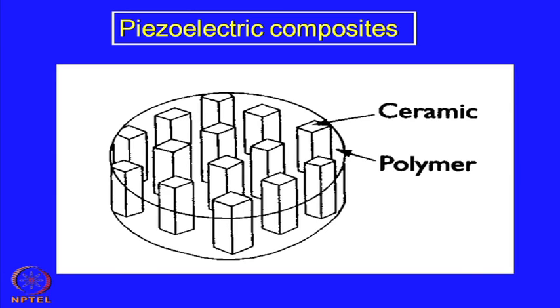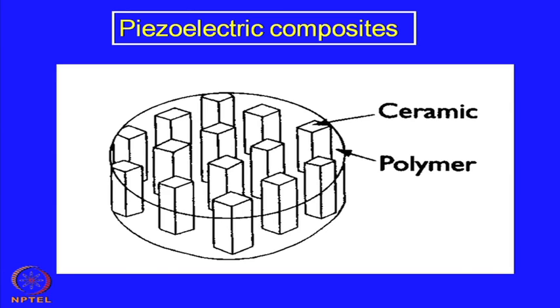One can also have a 2-2 composite. 2-2 in the sense that the polymer is continuous in 2 dimensions and the ceramic is as well continuous in 2 directions. So, basically that will mean we have a lamellar structure, or alternate layers of ceramics and polymers. Okay.